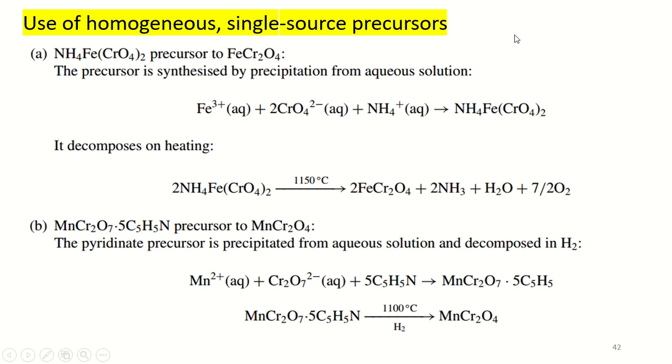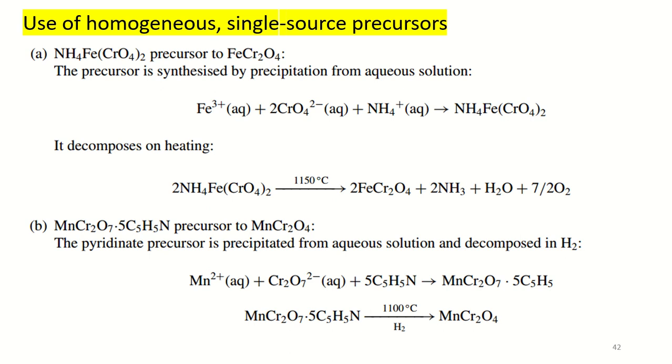The precursor is synthesized by precipitation from aqueous solution, and is formed by the combination of iron 3 plus ion, chromate ion and ammonium ion.